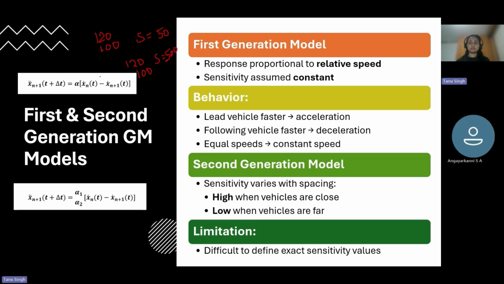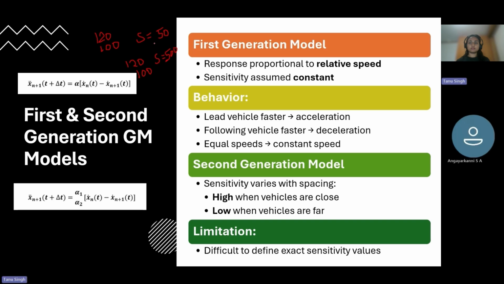In both the cases, when we put these values in the terms here, the acceleration will get the same value for both conditions. But as we can see, if the spacing between vehicles is less, it should be more sensitive, whereas if the spacing is more, it should be less.